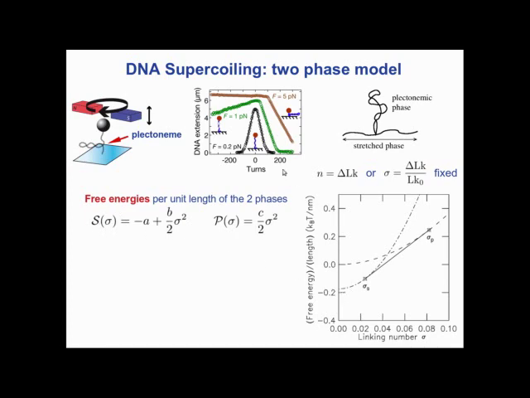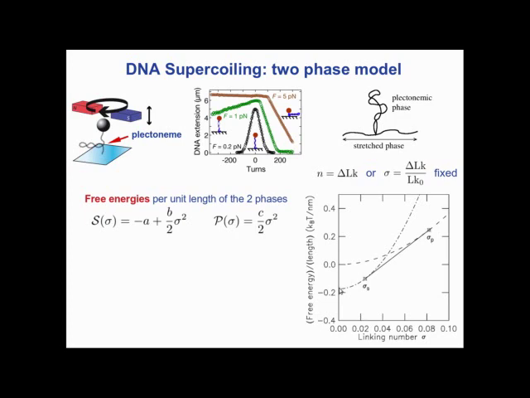We know that if we have no turns, sigma equal to 0, delta Lk equal to 0, then the molecule is just stretched. So the free energy at sigma equal to 0 of the stretched phase must be lower than the free energy of the plectonemic phase.